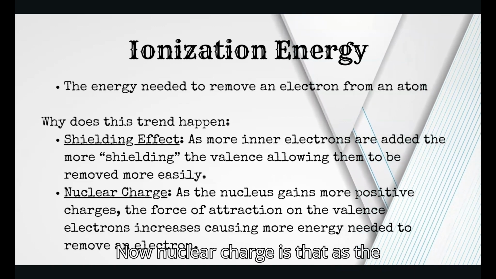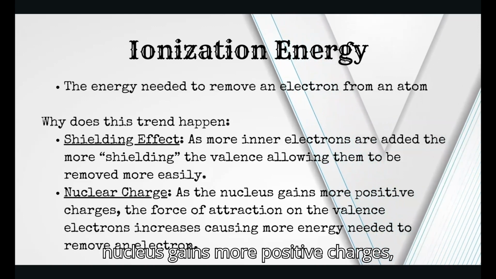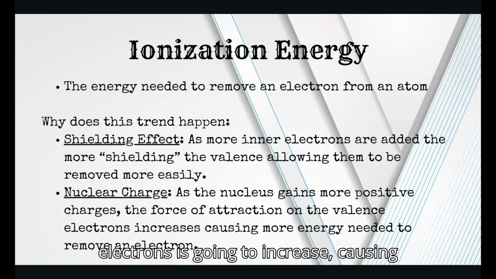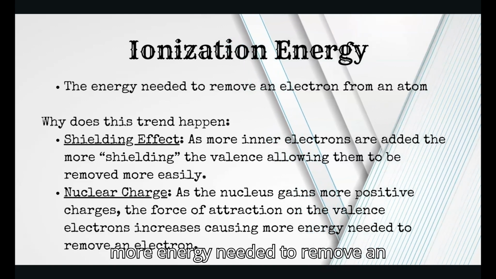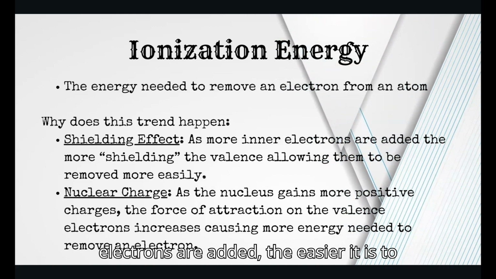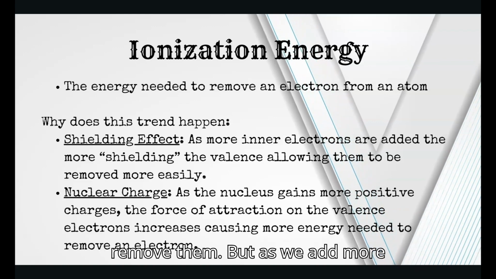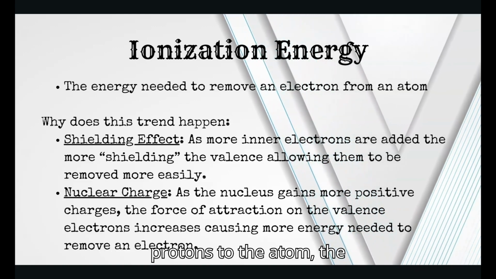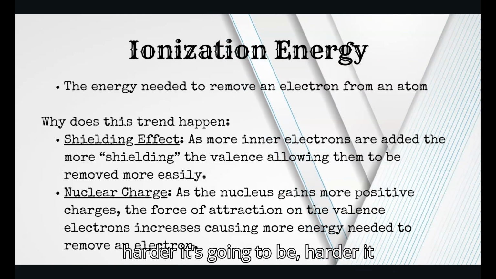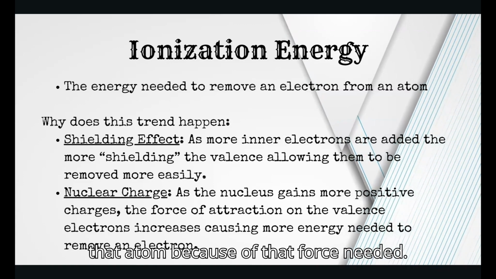Now, nuclear charge is that as the nucleus gains more positive charges, the force of attraction on the valence electrons increases, causing more energy to be needed to remove an electron. So as more electrons are added, the easier it is to remove them. But as we add more protons to the atom, the harder it will be to take an electron from that atom because of that force.